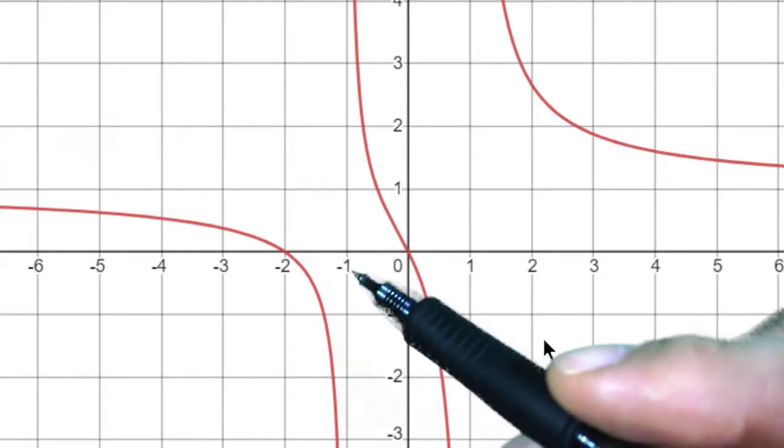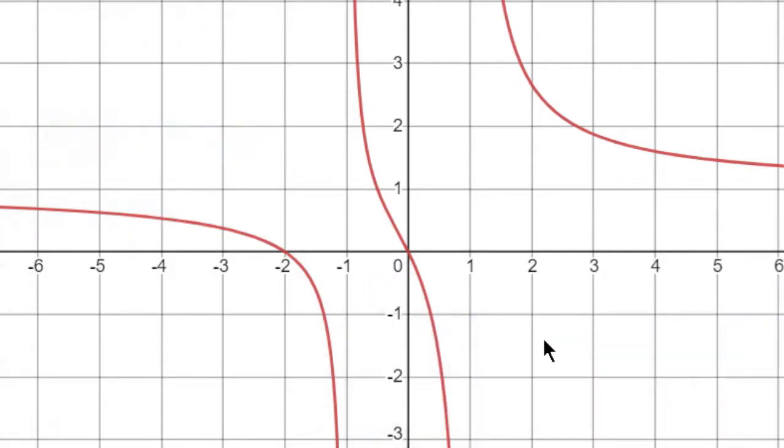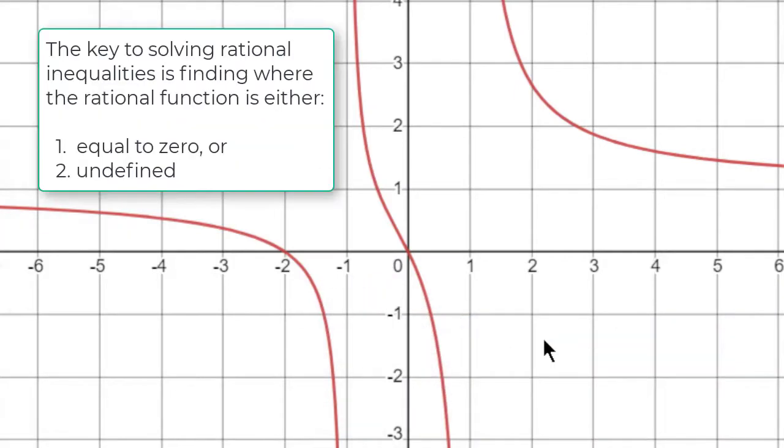Well, that's where it has an asymptote. They have asymptotes where the denominator is equal to 0. So the idea is we're going to be looking at where the numerator is equal to 0 and where the denominator is equal to 0. Okay, so let's look at an example and work our way through it on how to solve this rational inequality.